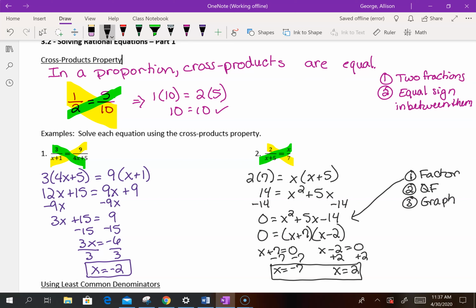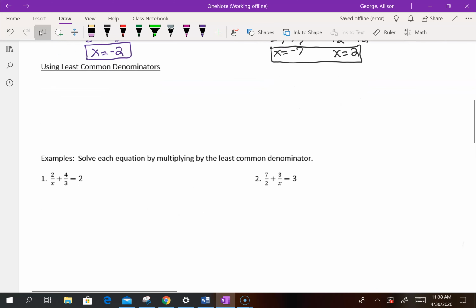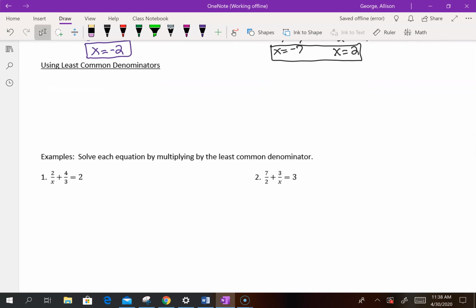We'll have problems where one of the answers will work, and we'll have problems where both answers work. Okay, so we've dealt with the equations that are proportions. Now, if you look at the next part, they're not. So in this one, we're going to have to go back to using least common denominators, which has been a minute. As you did those back in elementary and middle school, but it's been a while.